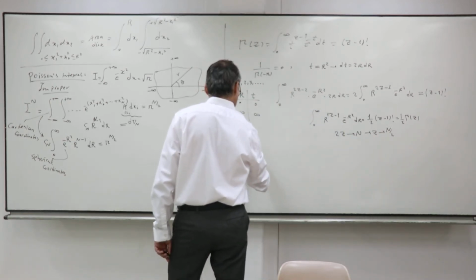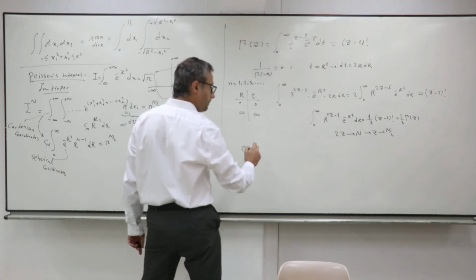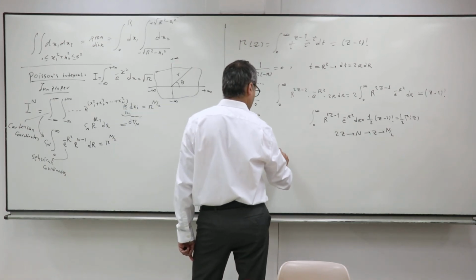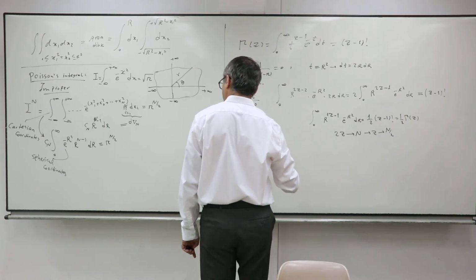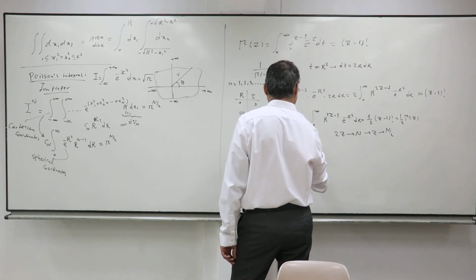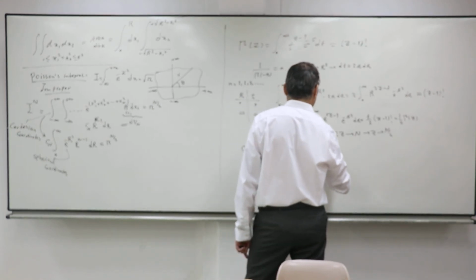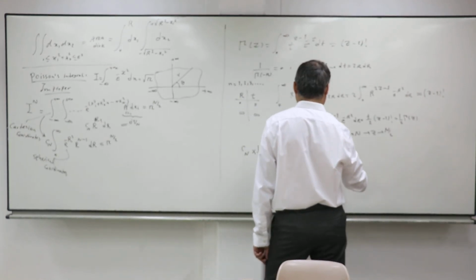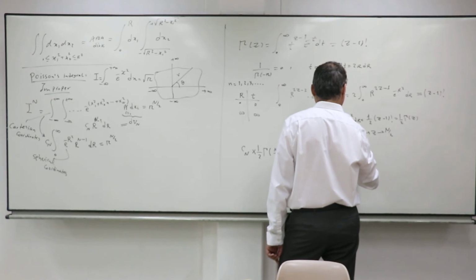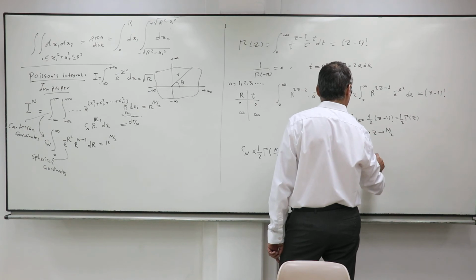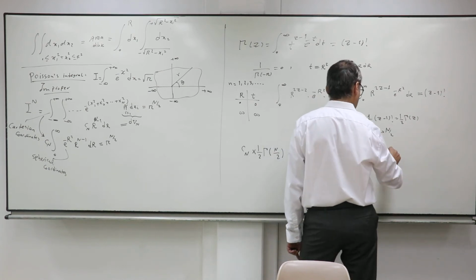Finally, I want to use this information: C_n times 1/2 gamma of n/2 will be pi^(n/2). So this is one of the very important equations we will use.